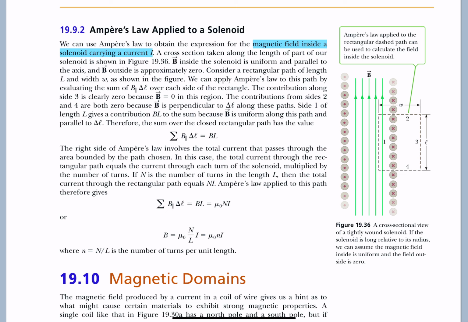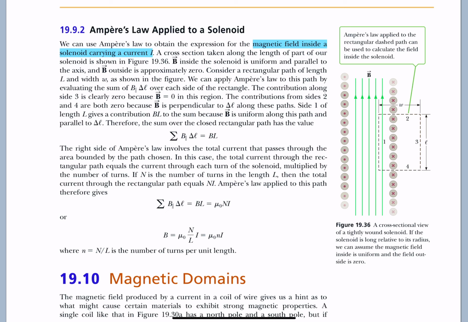It curls around, which of course you can't show in a flat surface, and enters on the other side of this picture, going down into the page, and there you see the tail end in an orange X representing the current going down into the page.